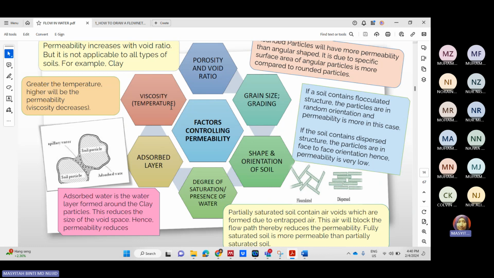So whatever fenomena dalam environment ke, dalam geology ke, dalam rock mechanics ke, soil mechanics ke, structural ke, you kena tahu apa punca dia. Contoh kalau permeability kat sini, faktor yang mengawal kebolehterlapan bahan untuk air melaluinya adalah porosity, void ratio. So porosity ni dalam soil mechanics, dia punya simbol apa kelas?